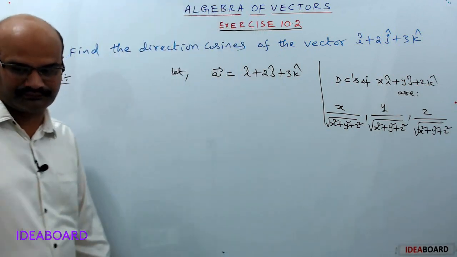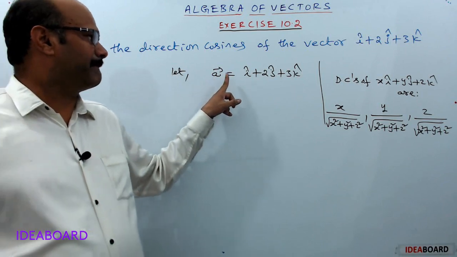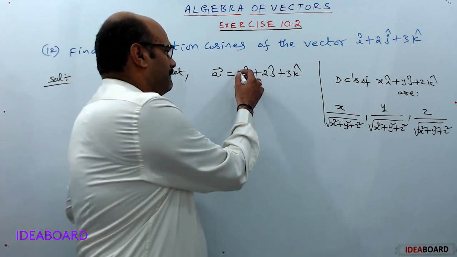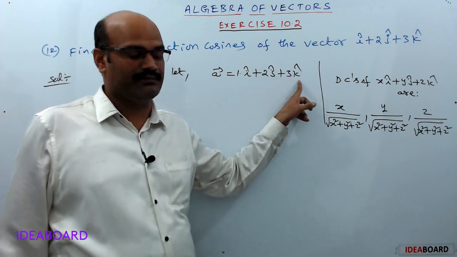Now, a vector is given by 1 into i cap plus 2 into j cap plus 3 into k cap.